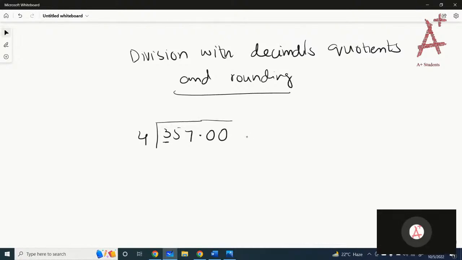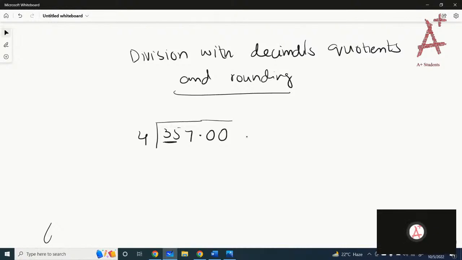So just look at the first digit. First digit is 3. 3 is less than the divisor 4, so we have to take the other digit to make it 35. Now you have to count the table of 4 until you get 35 or a number that is less than 35. Got it?